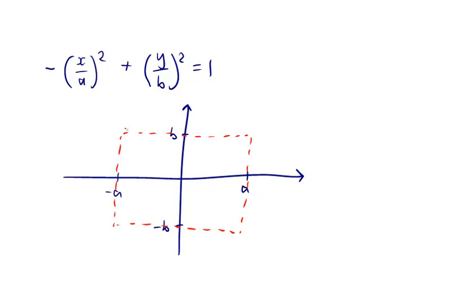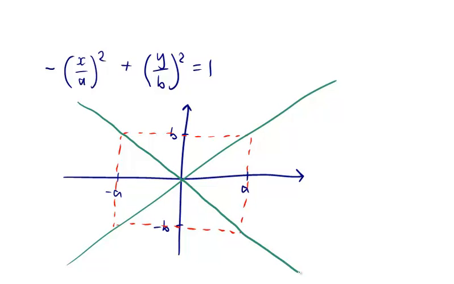And the asymptotes of the hyperbola pass through the corners of the box, and my hyperbola lives outside the box, meeting the box at the places where it crosses one of the axes and heads towards its asymptotes.